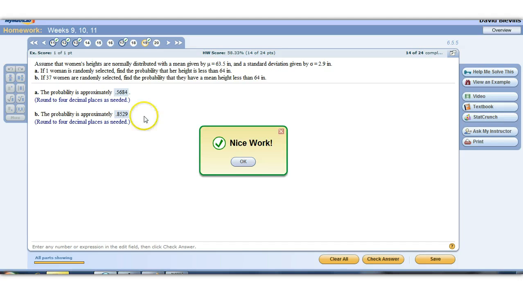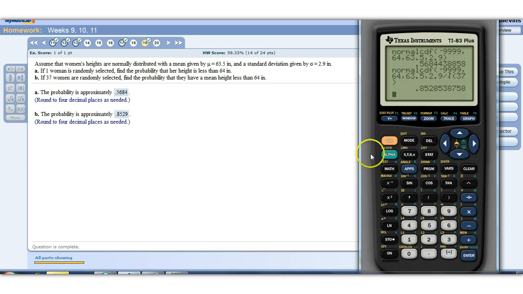Alright, so remember, the difference between these two is that in the first one, you do not adjust the standard deviation if you're dealing with somebody from the data set, somebody who belongs to this data set. If we're randomly picking just one of those, then it's just the mean and standard deviation.